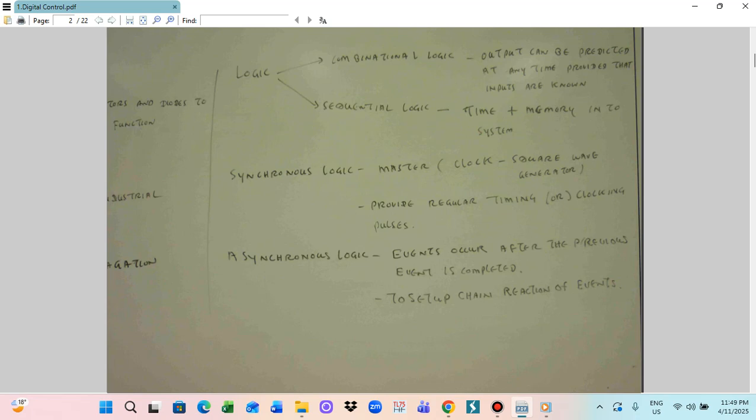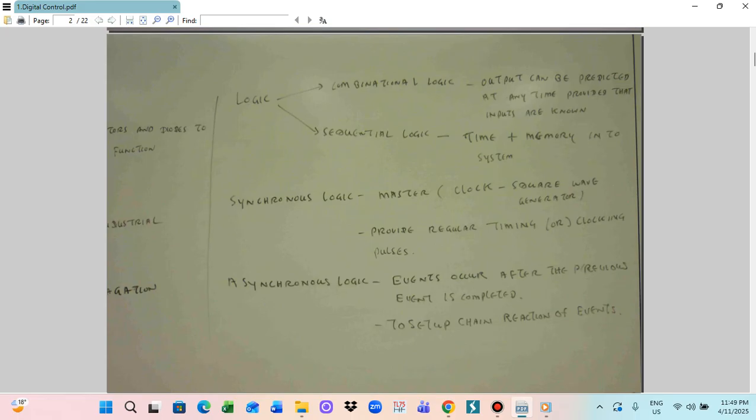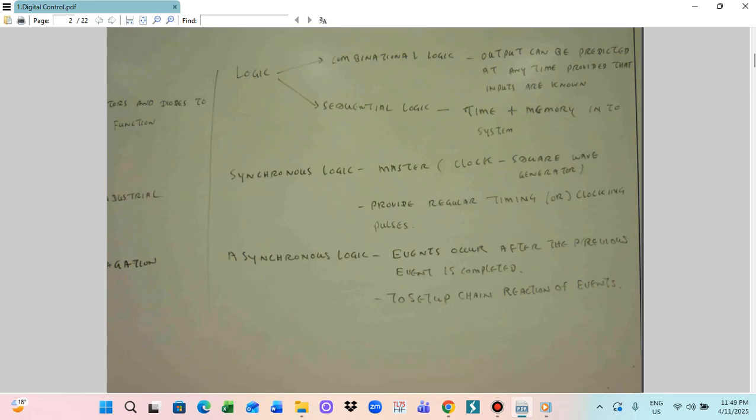So the logic will be combinational logic and sequential logic. Combinational logic means that the output can be predicted at any time, provided that the inputs are known. Sequential logic integrates time and memory into the system. Synchronous means that we use a master clock to provide regular timing.